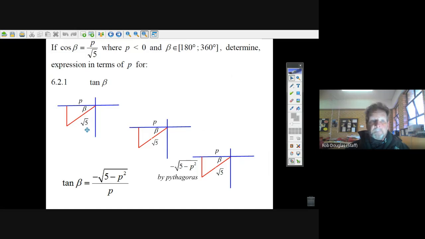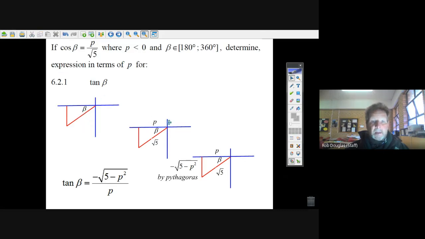Okay, what do we know here? The first step is just figuring out where it is.